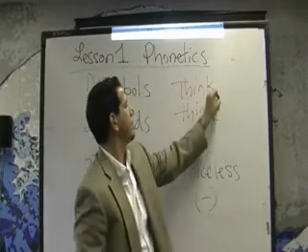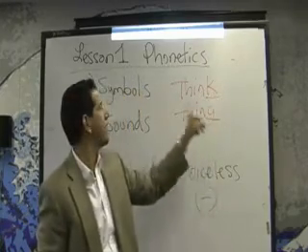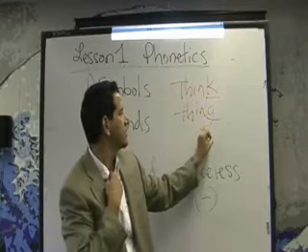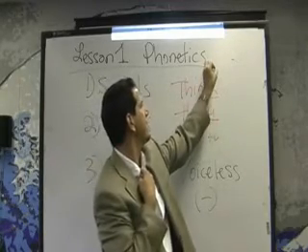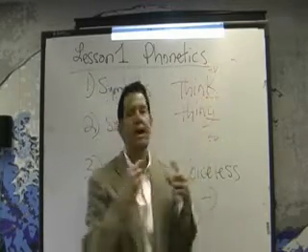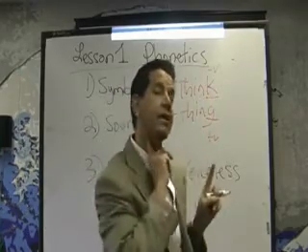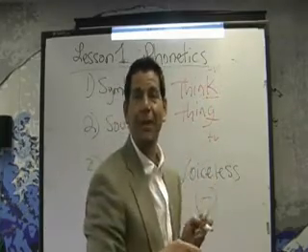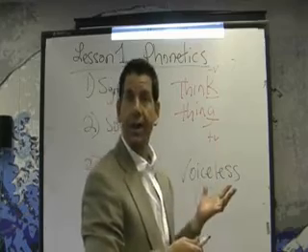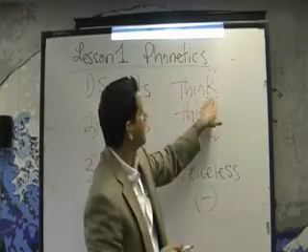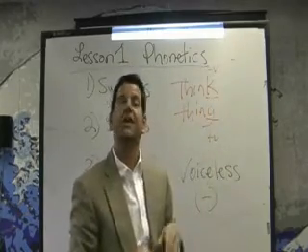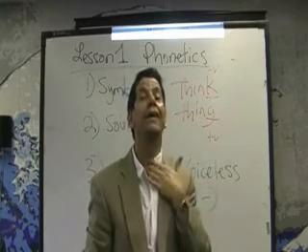Here we have the final position ga, which is voiced, and the ka, which is voiceless. They have the same manner of articulation. And we can talk about manners of articulation later if we have time. But they have the same manner of articulation. If you can make ka, you can make ga.